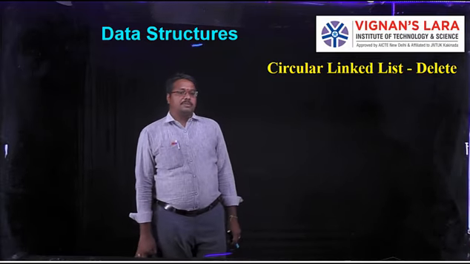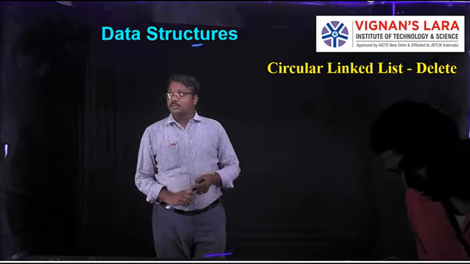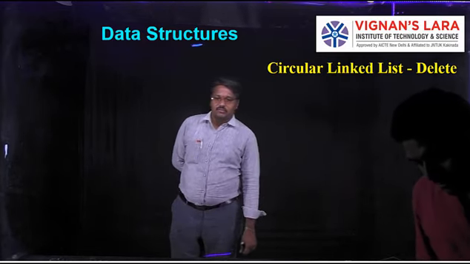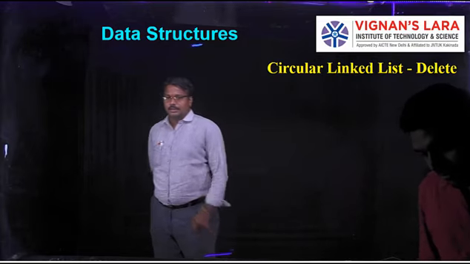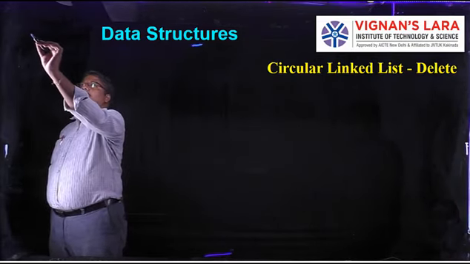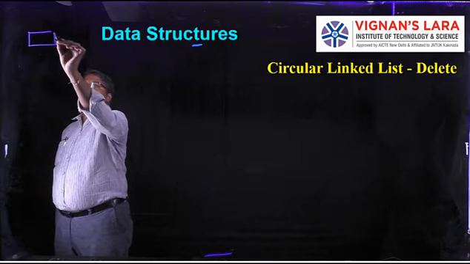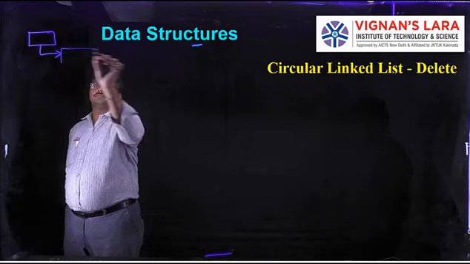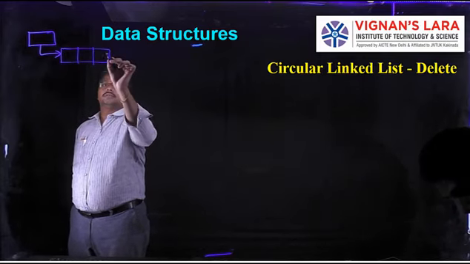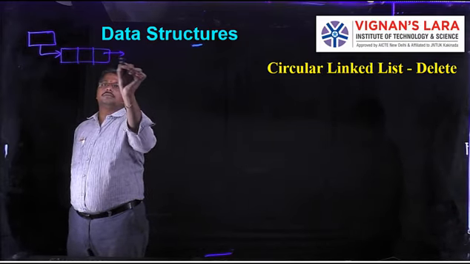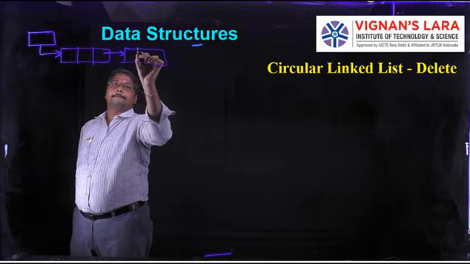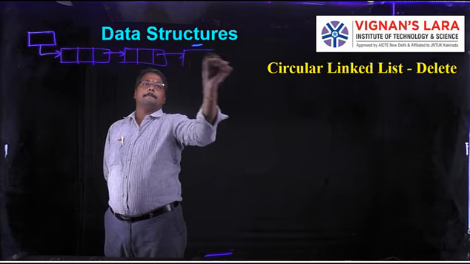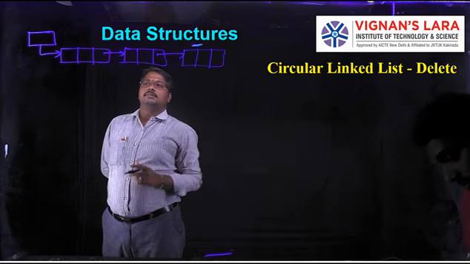So today I am explaining the last operation: how the deletion operation is performed in a circular double linked list. Say this is the starting node, this is the second node, and this is the third node.